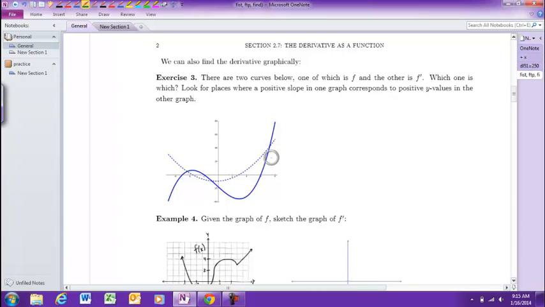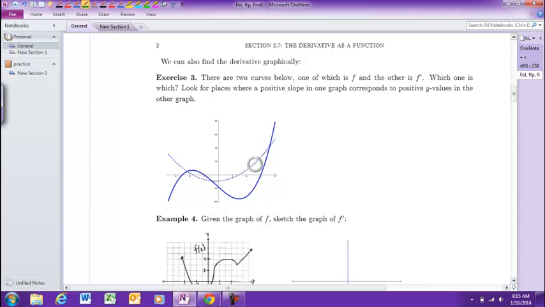So I look here and I say, my solid blue graph has positive slope all the way along here, and all that time my dotted line also has positive values.